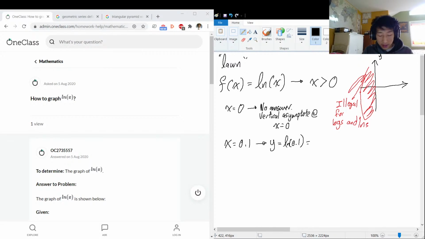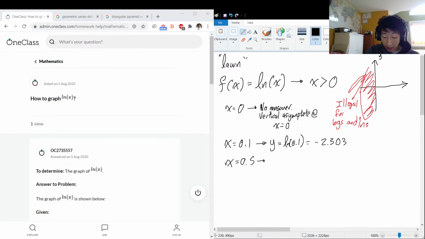In our calculators, that is going to be negative 2.303. Okay, let's say x is equal to 0.5. We're going to do it all the way up to 1 and then we'll speed up. But essentially we're trying to find some points of interest so we can start drawing the points and then we just connect the dots. It's a fairly simple strategy.